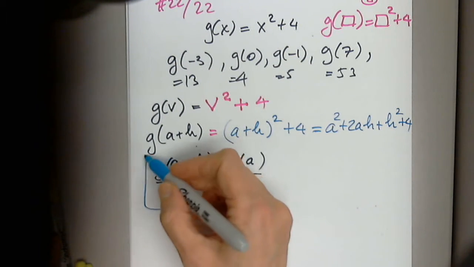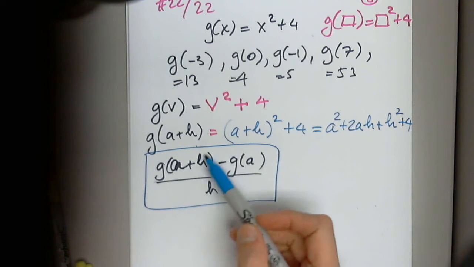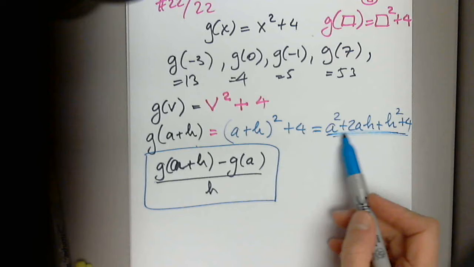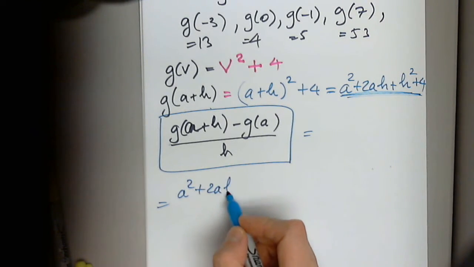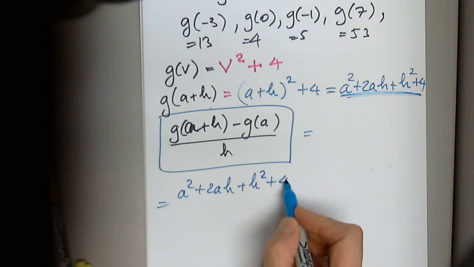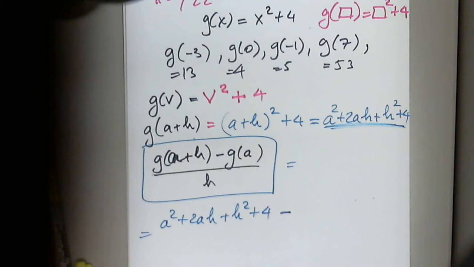Finally, they're asking us to determine this. We've seen this before. How is it called? The difference quotient. It's just that it has a instead of x, but it's the difference quotient. So I'm going to copy this piece, a squared plus 2ah plus h squared plus 4 minus g of a.